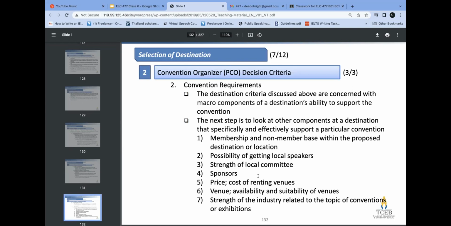We can divide these into three scopes. The first is local, meaning local speakers, local committees, local people. We talked about people. The second is location, and the last, B, is all about budget, or even sponsor and pricing. Clear?